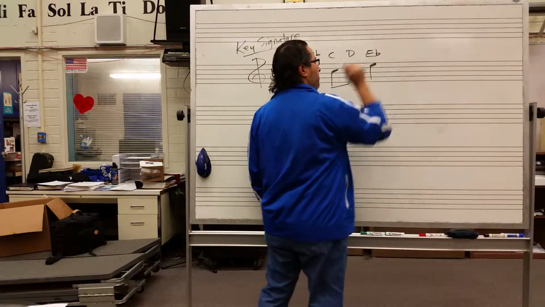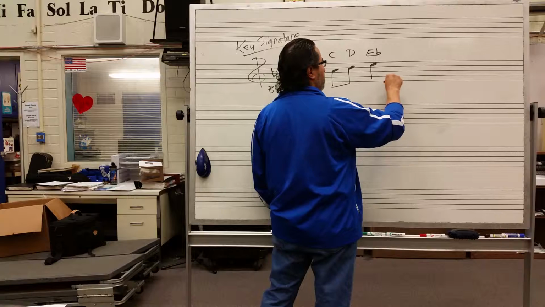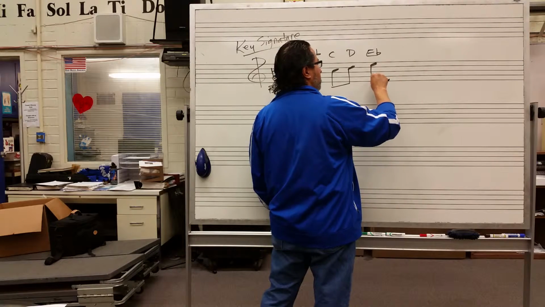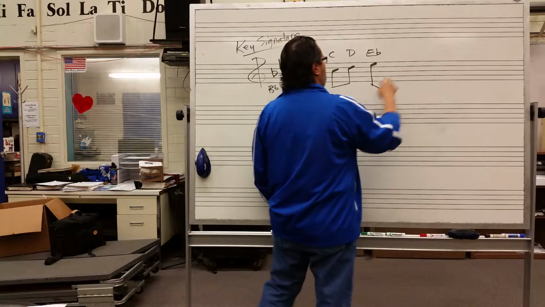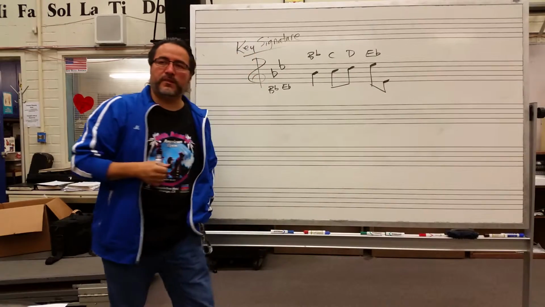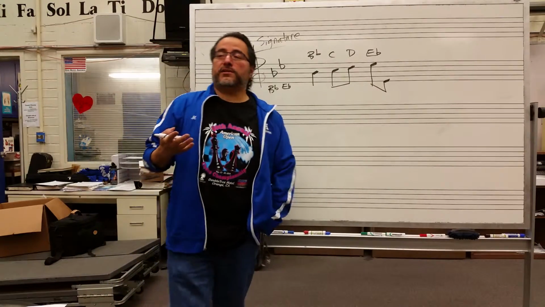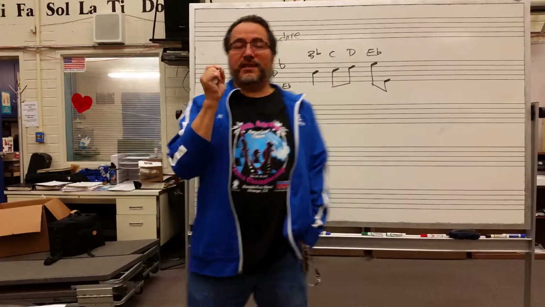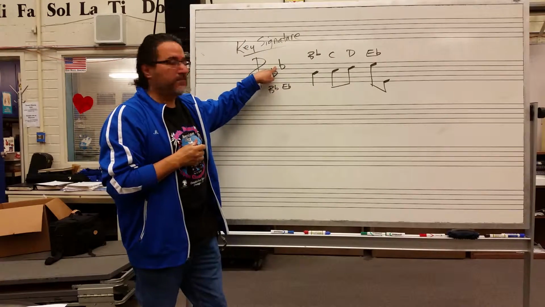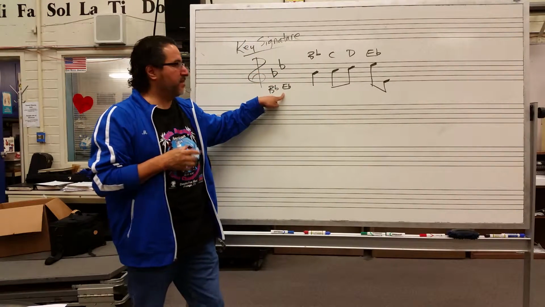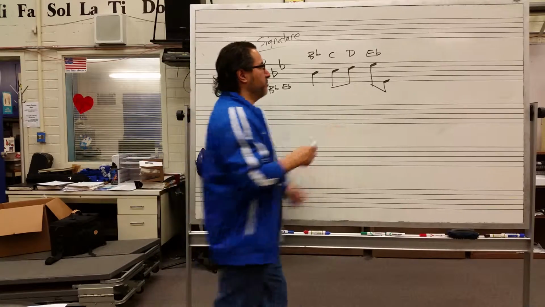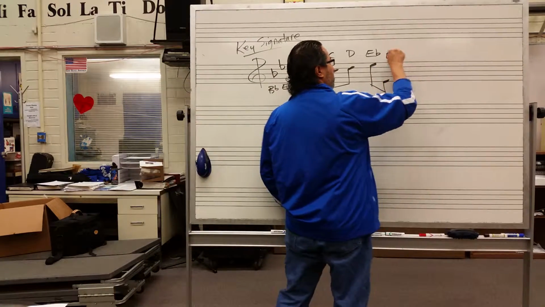Okay, so there's an E flat. Now what if I did this? What note is that down there? E flat. This gets confusing for some students because it's not on that line, it's up here. But this says all E's are flat, doesn't matter where they appear. This will still be an E flat.